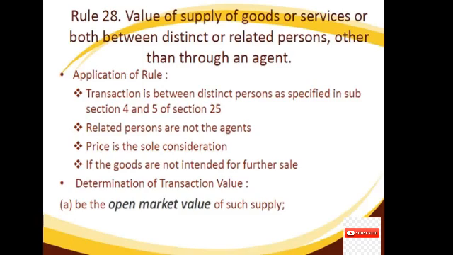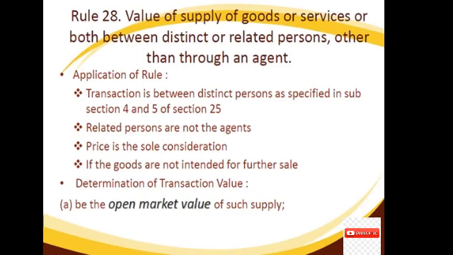Distinct person denotes that when an entity is having a branch in some other state, and due to regulation of GST, you are required to get both the units registered under GST, although the PAN number is same for both the premises. So now these two businesses which are located in different states will be considered as distinct persons.